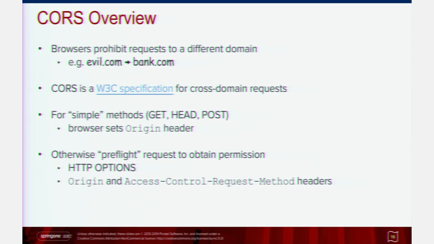So effectively, CORS is a specification that makes it possible to make cross-origin requests in a safe way. Out of the box, they're not allowed, and we're going to demonstrate that in a second.